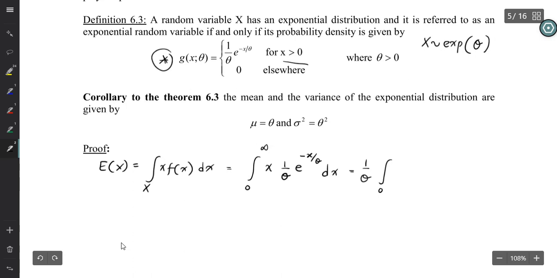And our integration is from 0 to infinity x e to the negative x over theta dx. Now this is where you need the knowledge of integration by parts.